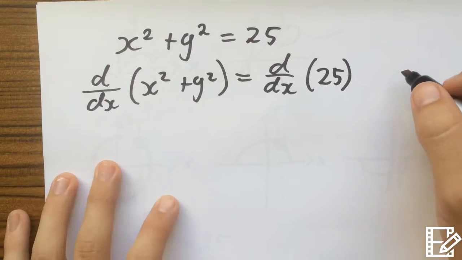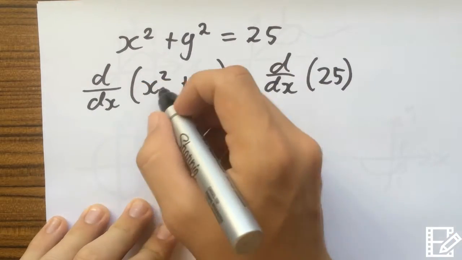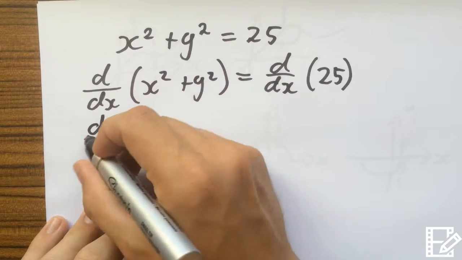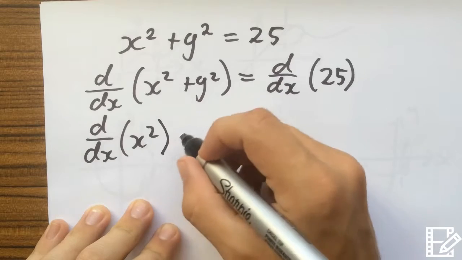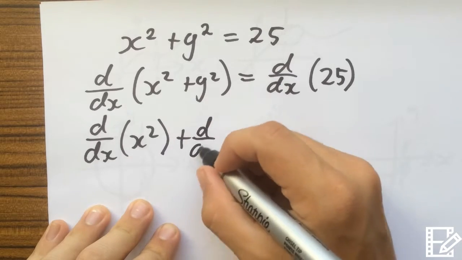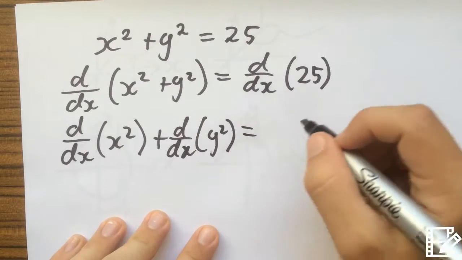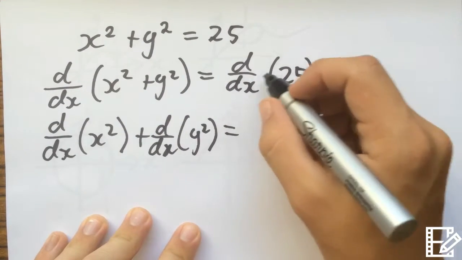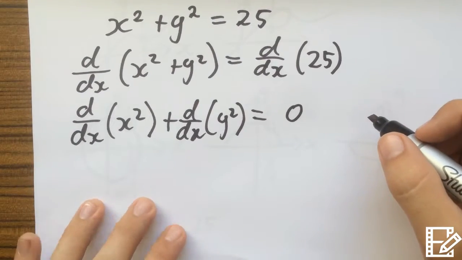Okay, now we find the derivative of each part separately. And the derivative of a number or a constant is 0, so we'll just write 0.